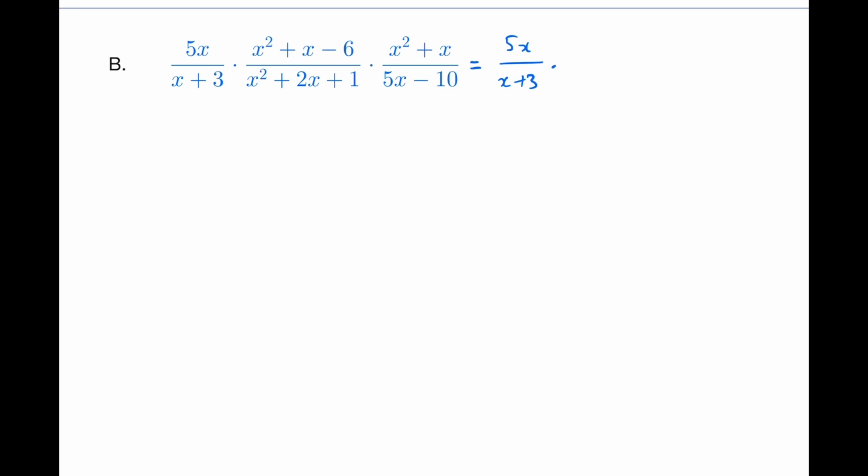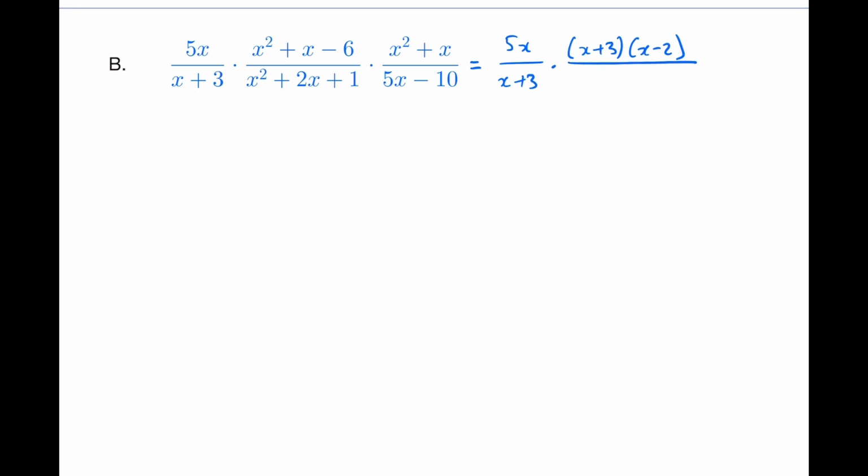If you think about factors of -6 such that when you add them together you get +1, the solution would be +3 times -2. So this comes out to x plus 3 times x minus 2.